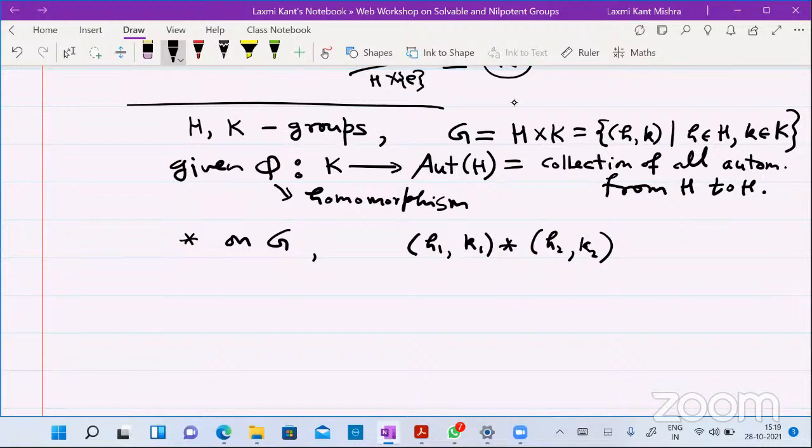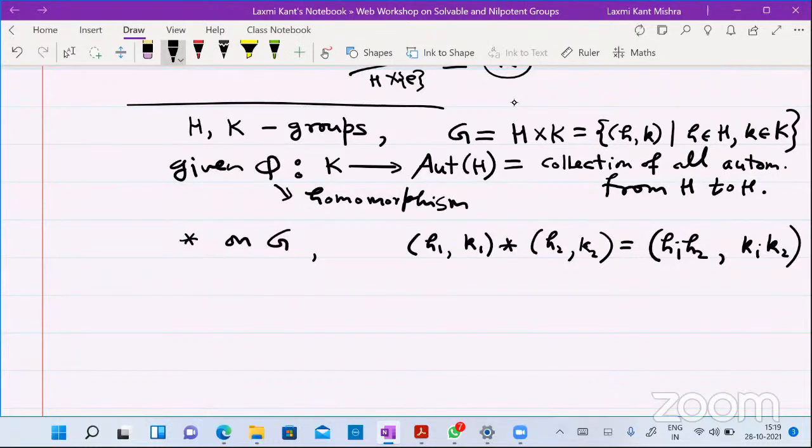So what is their product? If we were defining the direct product, in that case we define H1 H2 using the operation of H, and K1 K2 using the operation of K.